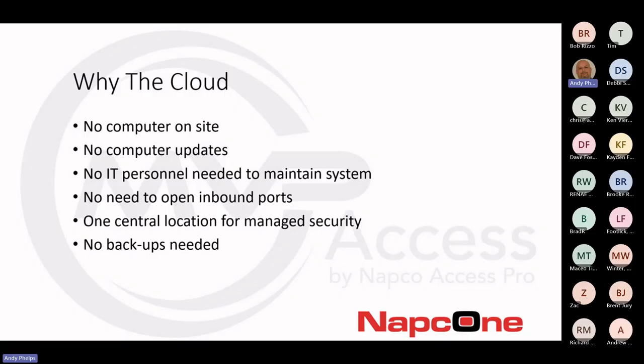So you don't have to worry about that. We have two actual servers that we utilize. The main one is in New York at our headquarters, and the other one is in Philadelphia. They're on different power grids. So if New York goes down, it automatically changes over to the backup.